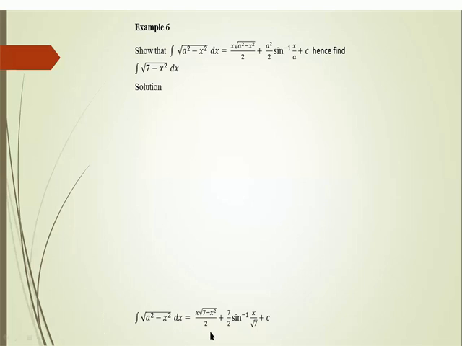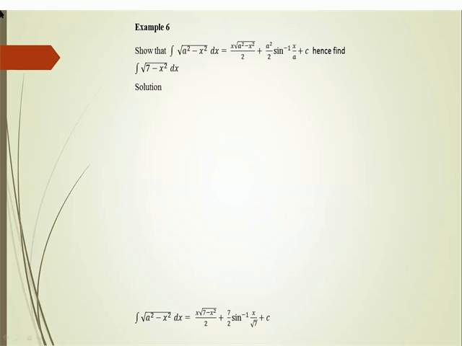It will give us a square x square root of a square minus x square all over 2a square. Then this one will be plus a square all over 2 sine inverse x over a plus c. So this now we cancel this.